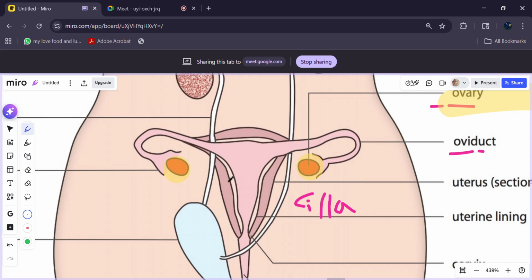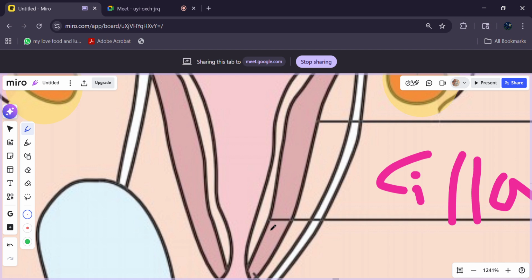The soft, smooth inner lining of the uterus is called the uterus lining or endometrium. This is the uterus lining, not this part, this entire part is called the uterus lining.